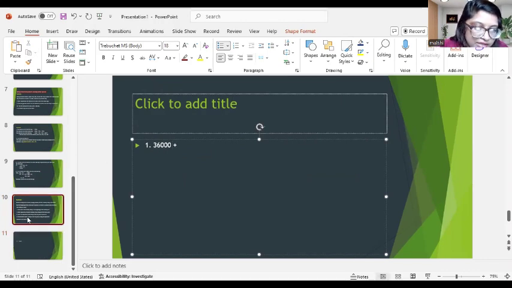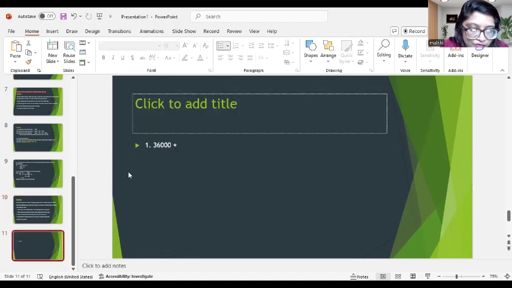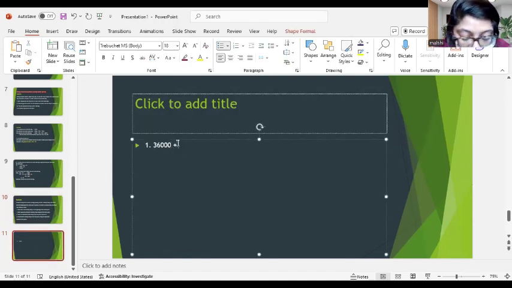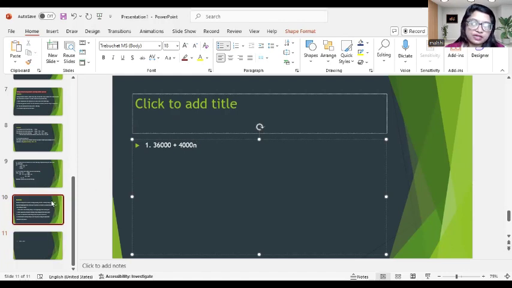The common difference is 4,000. We can write it as 4,000n, right? So this is the general term of the given scenario.